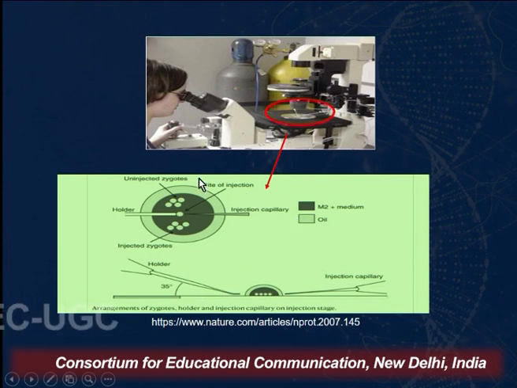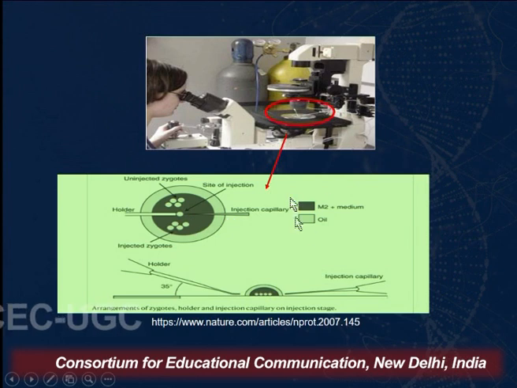So this is a plate, and you can see that it has been put into certain media. These are the fertilized eggs which have been put into certain media, and then they are covered with two drops of oil introduced from either side, and then they form a film over this entire media containing the eggs on the slide.